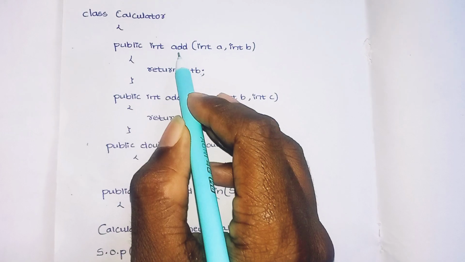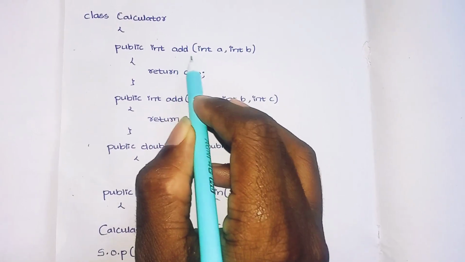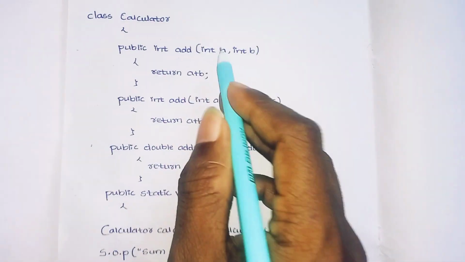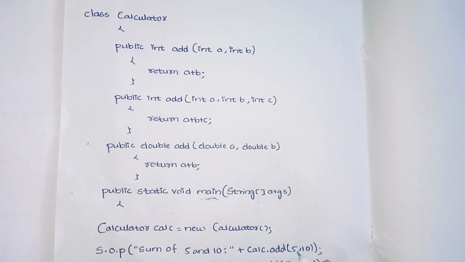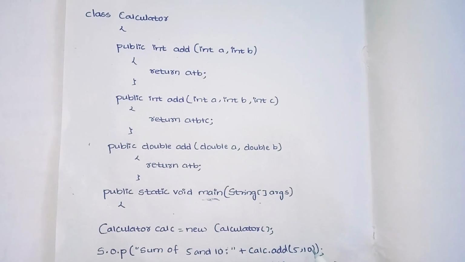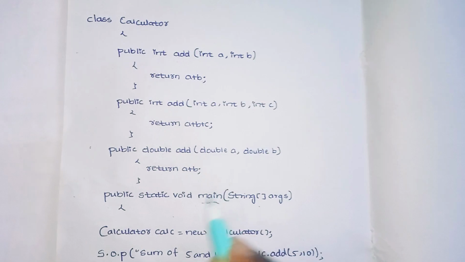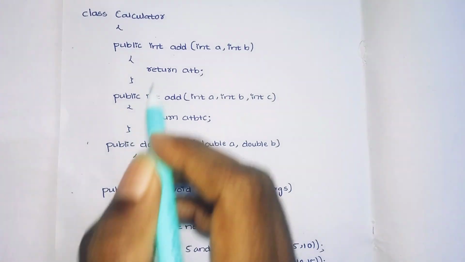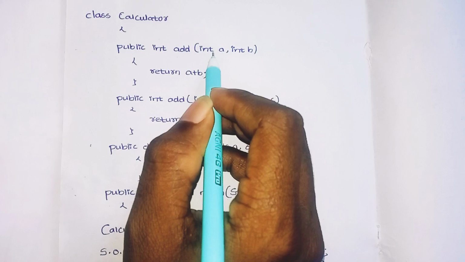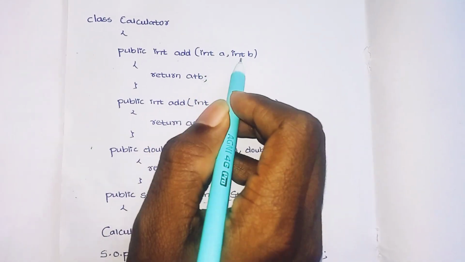The first method and the third method have two parameters, but we are passing arguments of type int, so it will check for the method having two parameters with int type. The first method add has two parameters of type int.